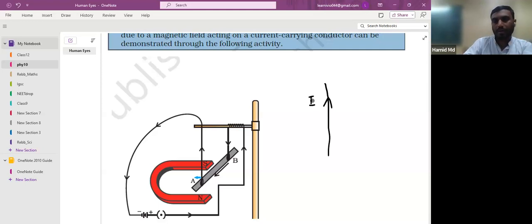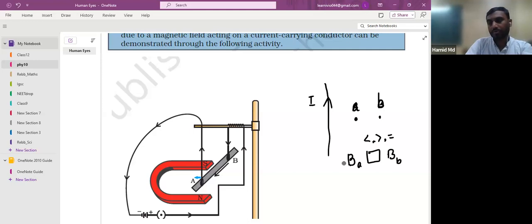The current value is I, and we have 2 points, A and B. Will you tell me the magnetic field at A, fill the box with greater than, smaller than, or equal to, the magnetic field at point B. Question is clear?